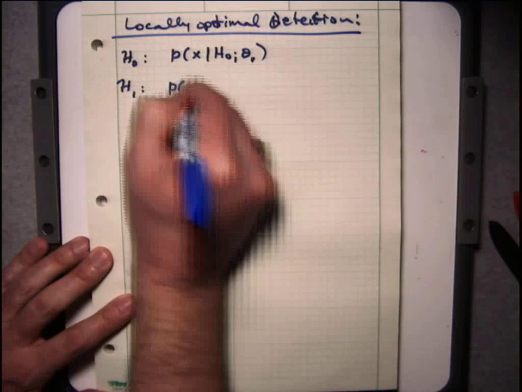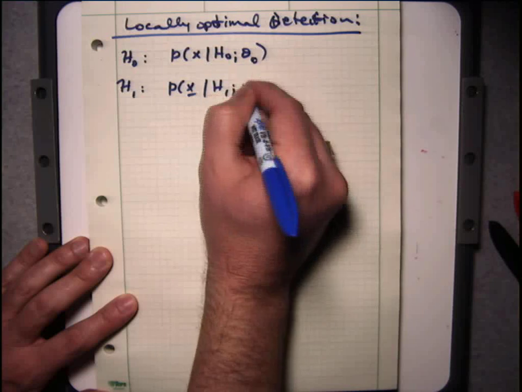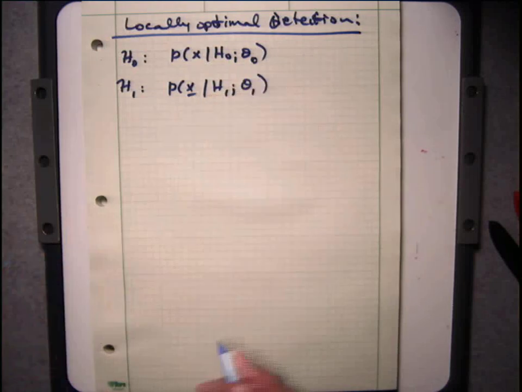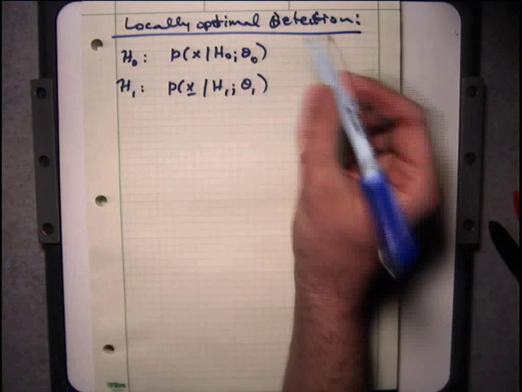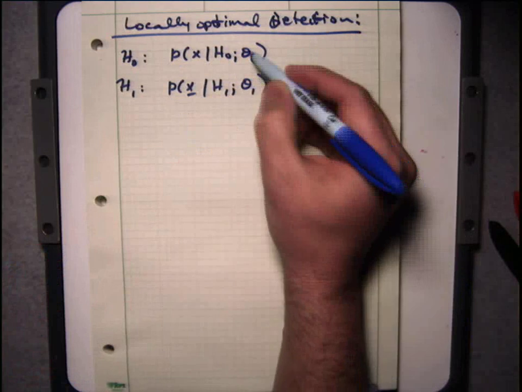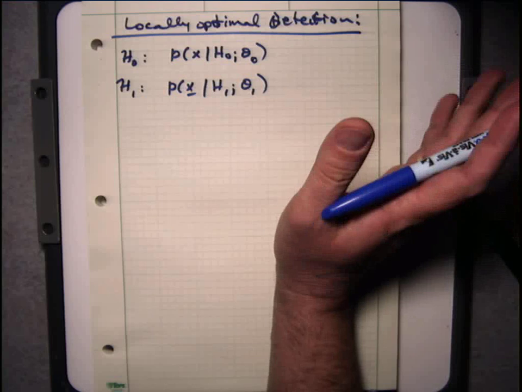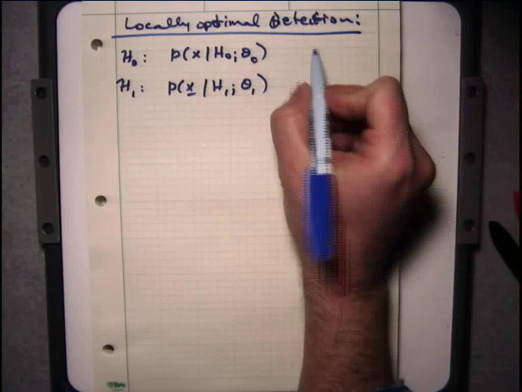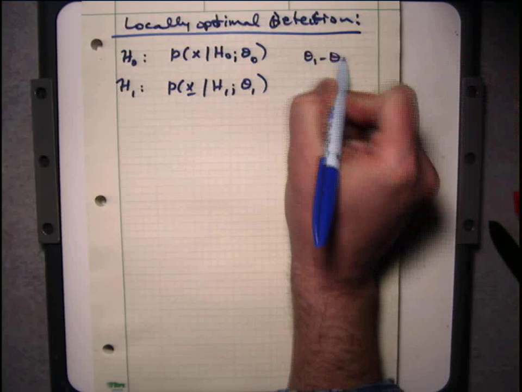Under H1, the PDF of X with some unknown parameter theta 1. And we're going to assume that these two parameters are really close to each other. So we're going to assume that theta 1 minus theta 0 is small.